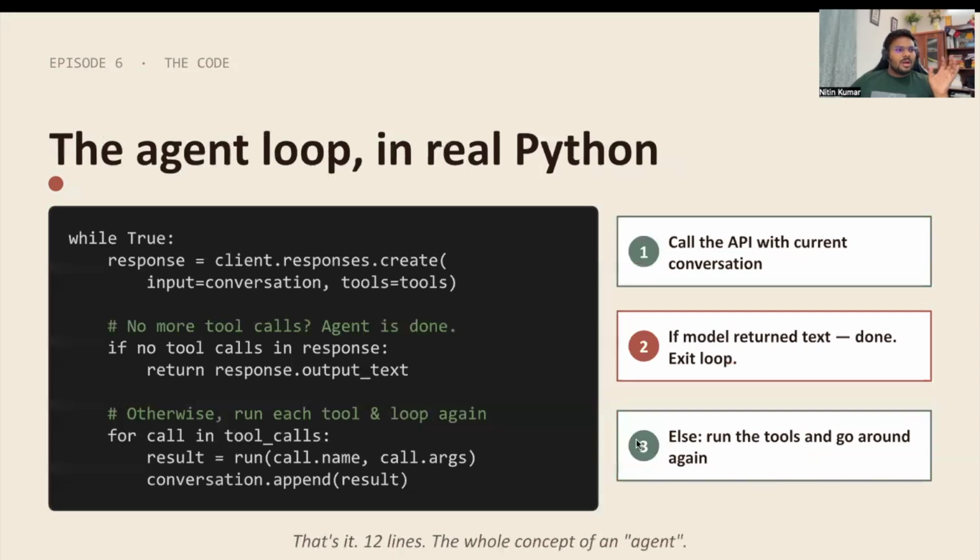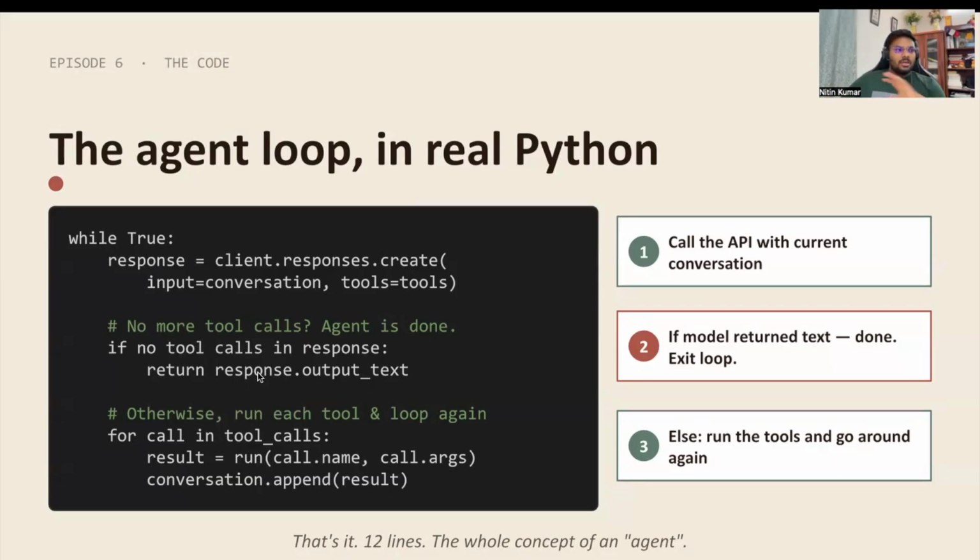Now, how are we doing it? Before going into writing the code, let's see how the loop works in Python. This is the while loop that I mentioned at the start, and we pass the conversation to our client, the Responses API, and then we get a response. Then in this response, we check if there is no tool call.